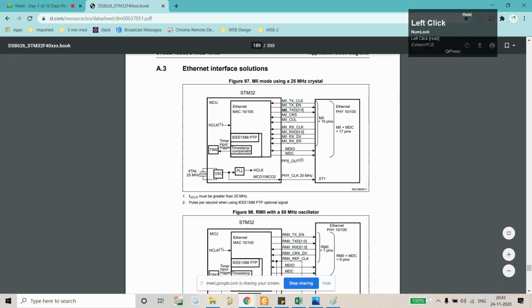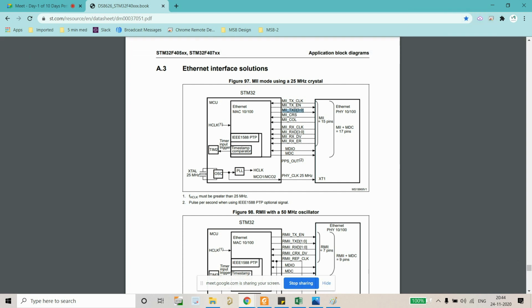As I said, MII should have multiple TX lines, so here they have 4 TX lines. And it should have TX enable, TX clock, and this is our carrier sense, collision, right? And then similarly we have multiple RX lines, data valid, error, right? And our data input output, right?